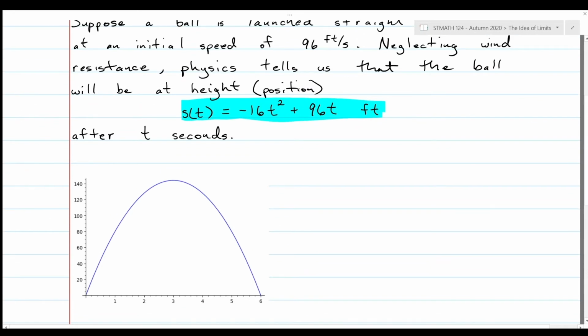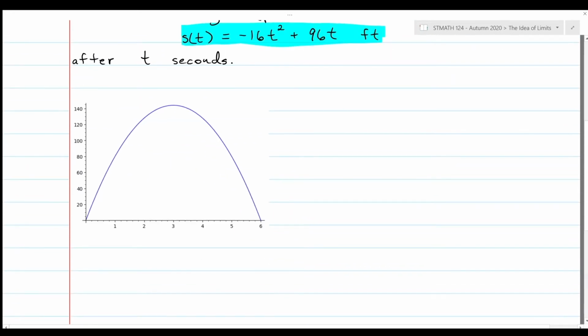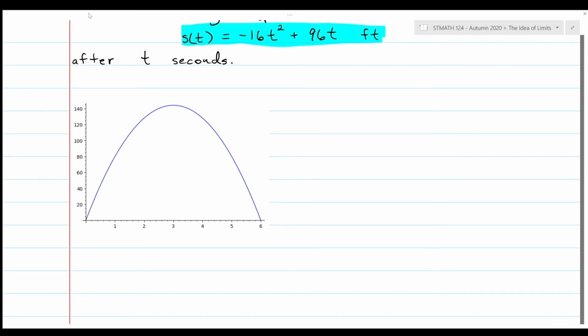And I just want to play with our formula that we came up with a little bit ago and think about some different average velocities. But I also want to tell you that I'm interested in this instantaneous velocity thing, and I'm going to pick a particular point here. Let's say when t is equal to 1, which corresponds to this point on the graph right here at about height 80.